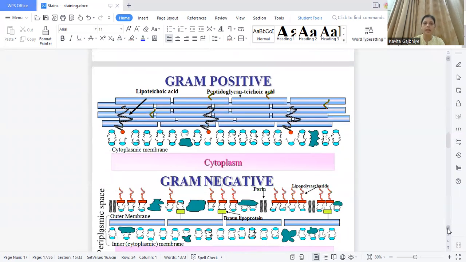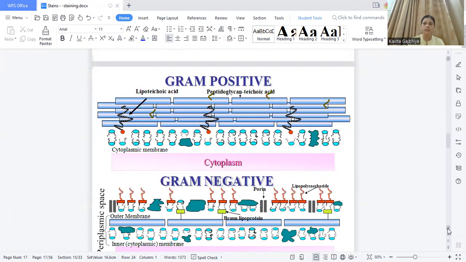In this diagram, you can see the composition of a bacterial cell wall. It depends on the thickness of lipoteichoic acid present over the cell wall and the peptidoglycan plus teichoic acid combination. In gram-positive bacteria, you can see a thick cell wall as compared to gram-negative bacteria.